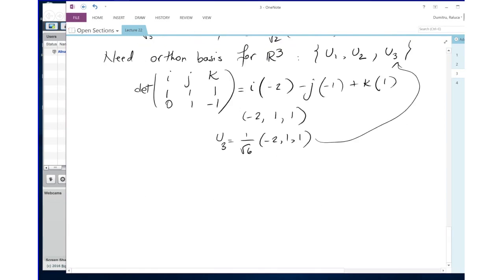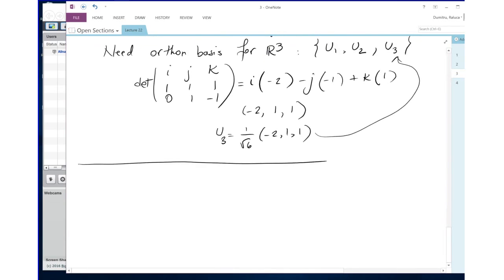So, for example, we're done with this example here, but let's say you have a set formed by this one, and let me make it norm 1. This would be U1, and you need 2 more. How do you find that?